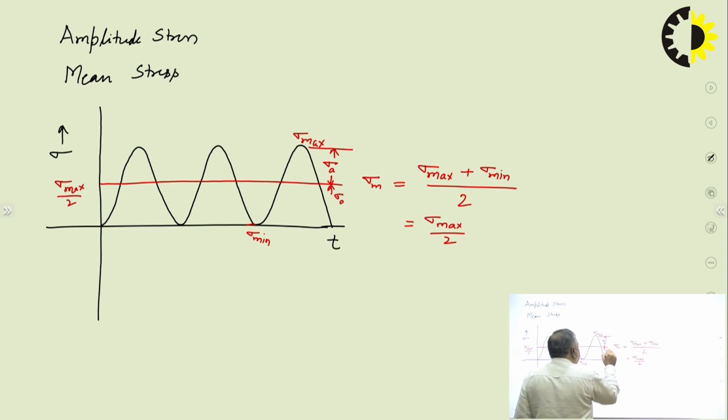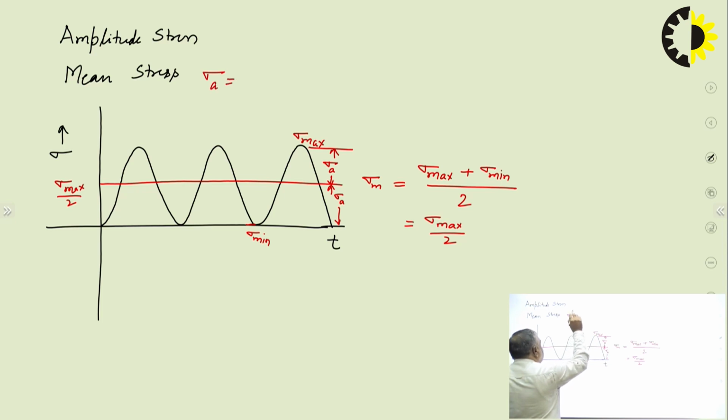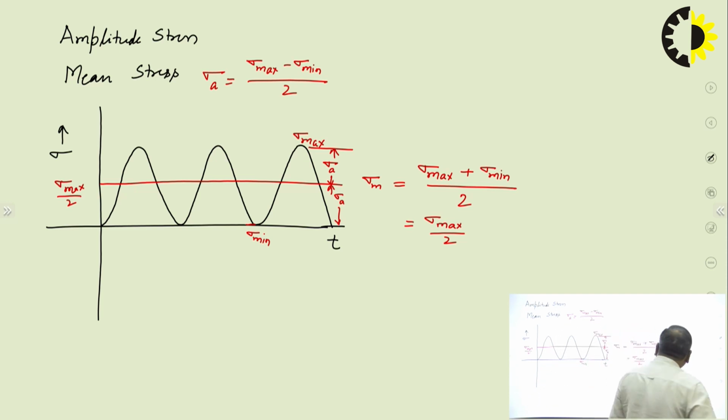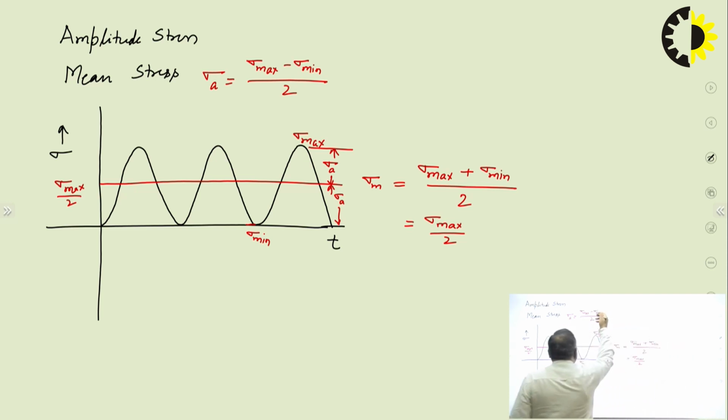Mathematically, this is nothing but half the difference: sigma max minus sigma minimum, divided by 2.